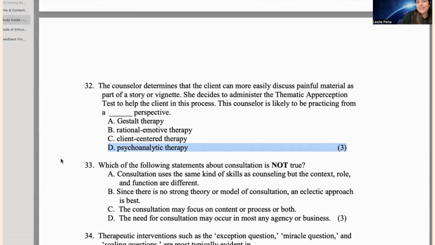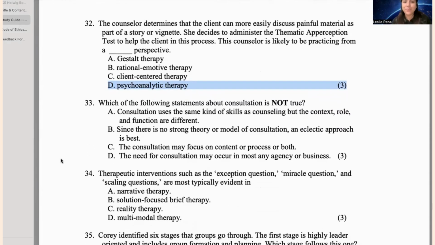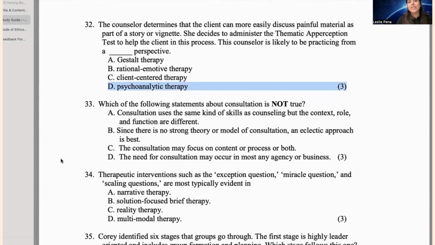Okay, let's continue. Number 33. Which of the following statements about consultation is not true? And I'll let you guys read that for a second. Okay, so the answer to this one is B. Since there is no strong theory or model of consultation, an eclectic approach is best.